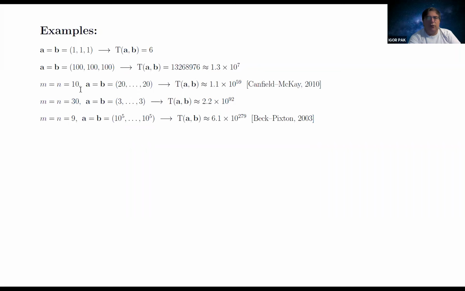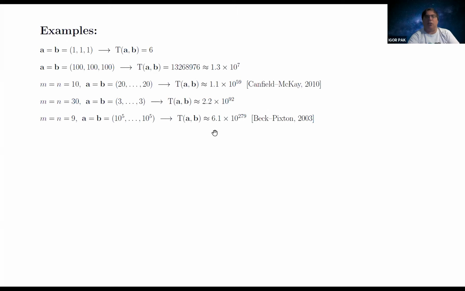And if you have 10 by 10 matrices, sum equal to 280, then it's actually quite hard to compute. This is already 10 to the 59, and that's from a Canfield-McKay paper. If you have 30 by 30 matrices and sums in rows and columns equal to 3, that's an even larger number.